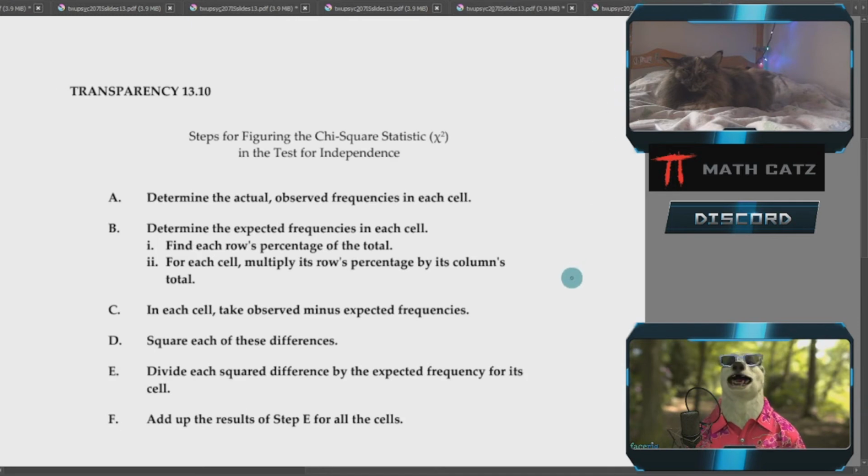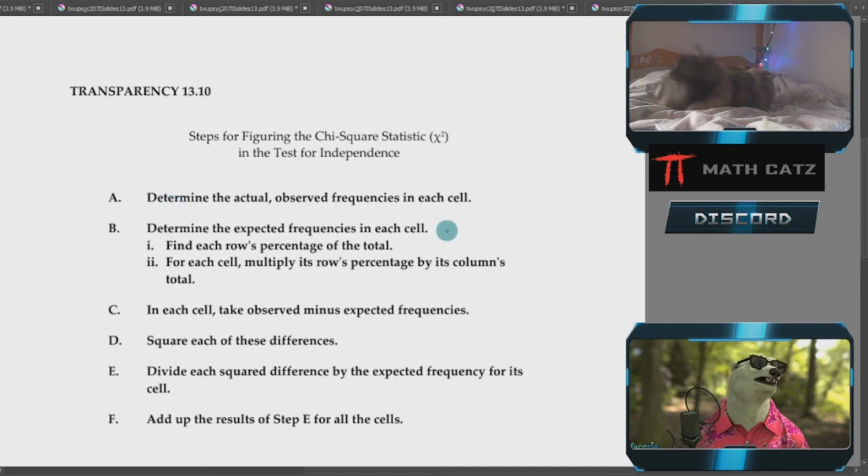And we should be able to easily pick out which is which based on how many variables we have. In the very first one, we had one variable and some external knowledge for what the expected distribution is. In this one, we have two variables that we are trying to investigate if they are independent of each other.